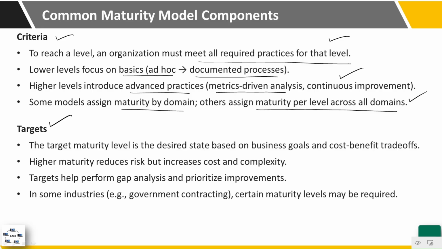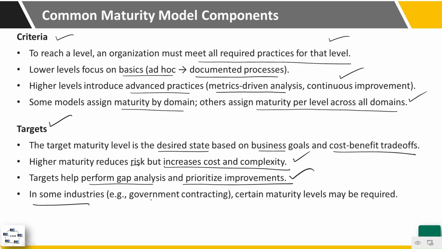What are the targets? The target maturity level is the desired state based on business goals and cost-benefit trade-off. Higher maturity reduces risk but also increases cost and complexity. Targets help perform gap analysis and prioritize improvements of the organization and the required processes.